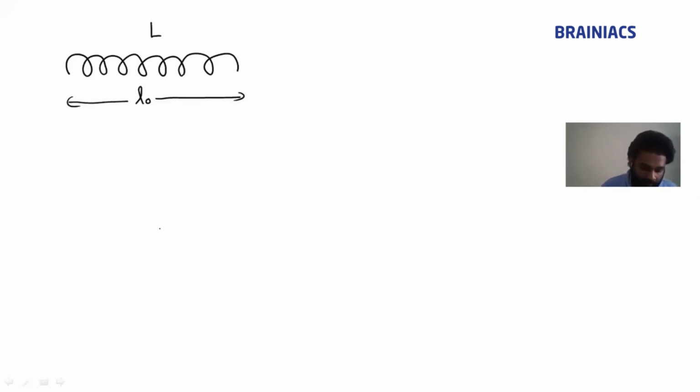Okay. Now we can say that in one turn, suppose we consider the radius of one turn as R. Then we can say that in one turn, the length is actually how much? 2 pi r length.